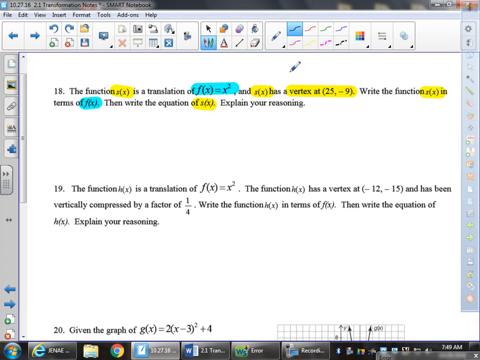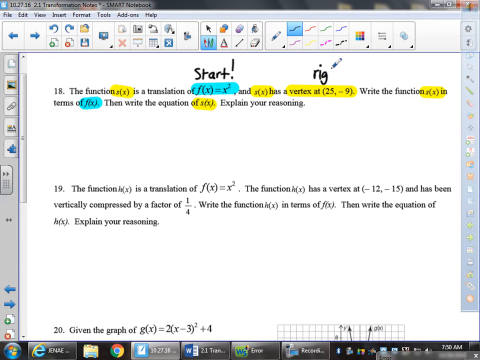So where's my starting point? The parent function. This is my start. So if this is my start and this is my end, this is where I'm ending up, and I'm told that the vertex of s of x is 25, negative 9, what shift of the original vertex has taken place to get here?